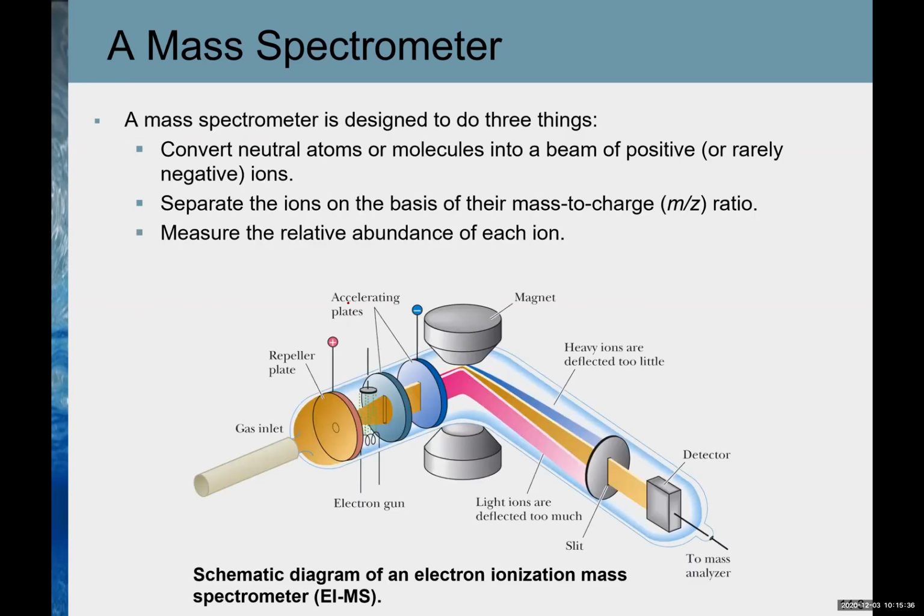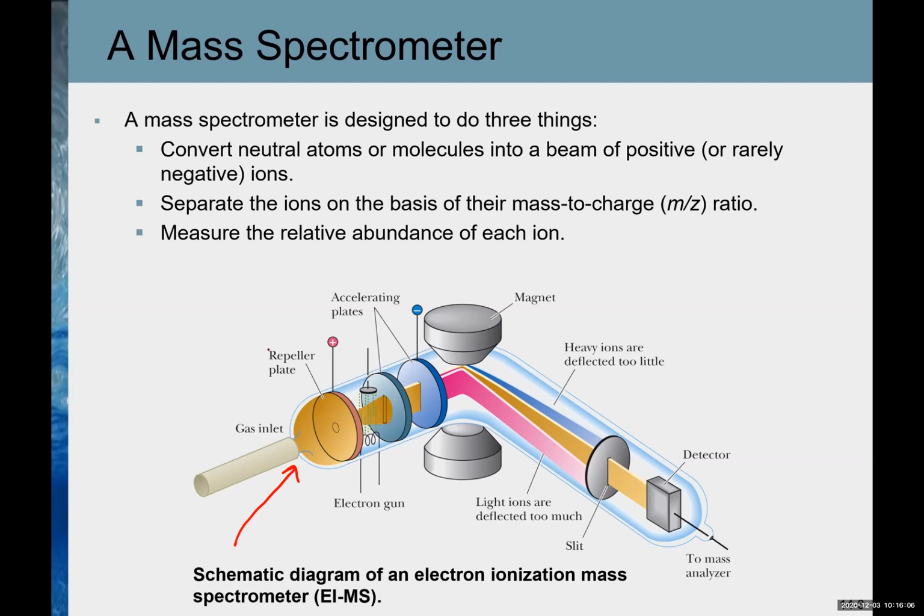This schematic diagram shows how the mass spectrometer works. So this is the inlet. The spectrometer has three main components.